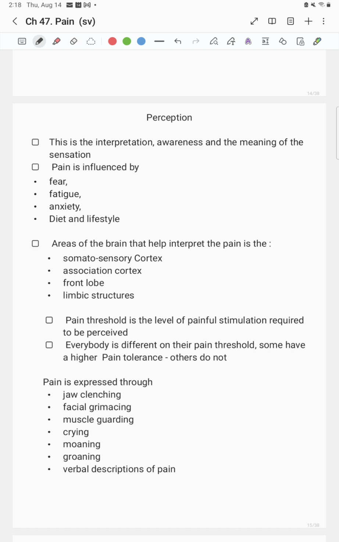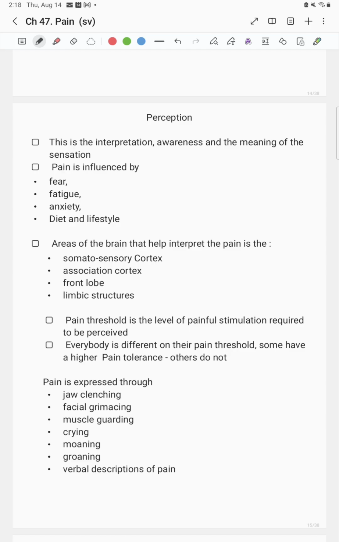Areas of the brain that help interpret the pain include the somatosensory cortex. So that would go way back to ANP1 for you, where we looked at the brain. There's a part in front of the central sulcus, and there's a part behind it, right?